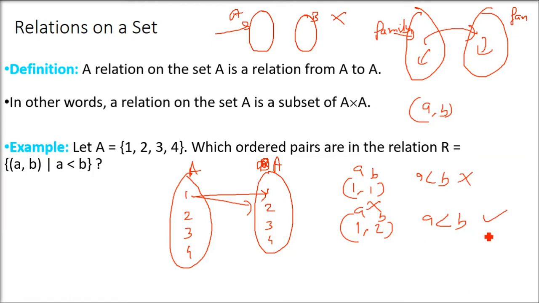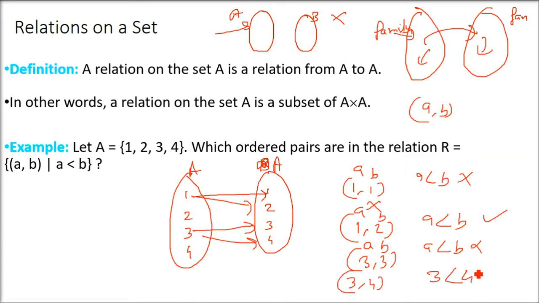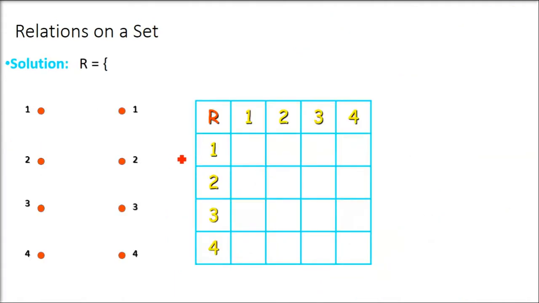So we'll take it. (3, 3): is 3 less than 3? No, we won't take it. But if we take (3, 4), 3 is less than 4. Yes, absolutely we are going to take this ordered pair in our relation. Now see here, same question, answer with a diagram. We have to take A cross A.